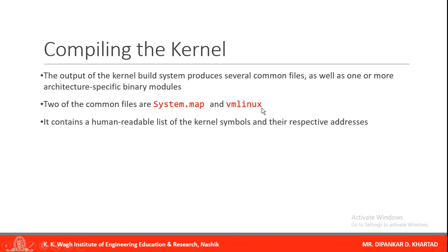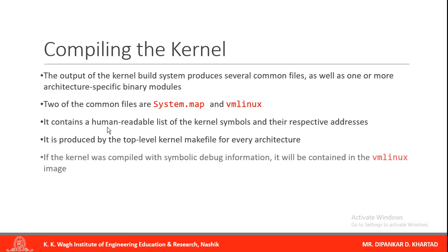System.map contains a human readable list of the kernel symbols and their respective addresses. It is produced by the top level kernel makefile for every architecture. If the kernel was compiled with symbolic debug information, it will be contained in the vmlinux image.